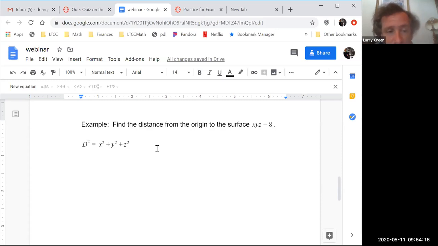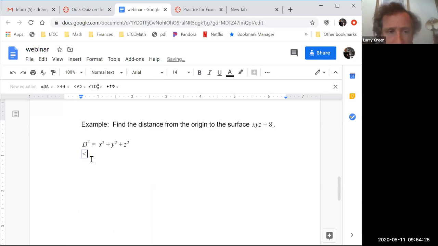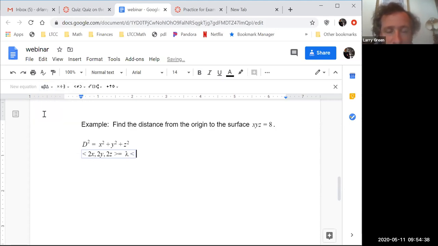So what we can do now is say the gradient of our D squared function, that's easy, that's 2x, comma 2y, comma 2z, is equal to lambda, some constant, times the gradient of the xyz function. The xyz function gives yz, comma xz, comma xy. Have I lost anyone?